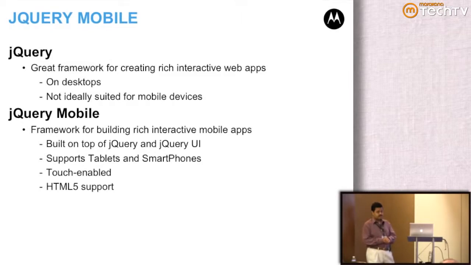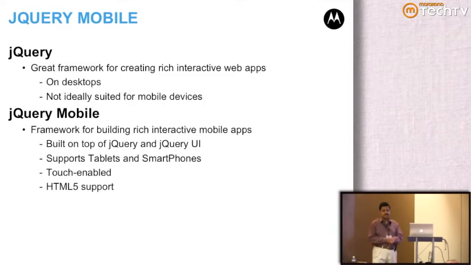And so, jQuery Mobile was built primarily for mobile devices, both the smartphones as well as tablet devices. It is built on top of jQuery, so you get all of the nice querying features of jQuery. But at the same time it adds a lot of nice user interface touches.